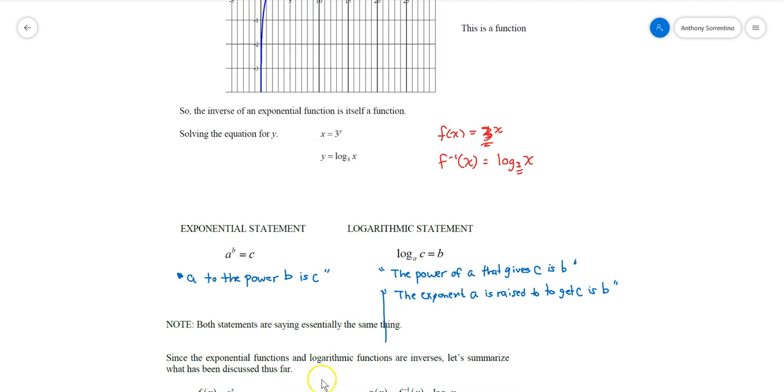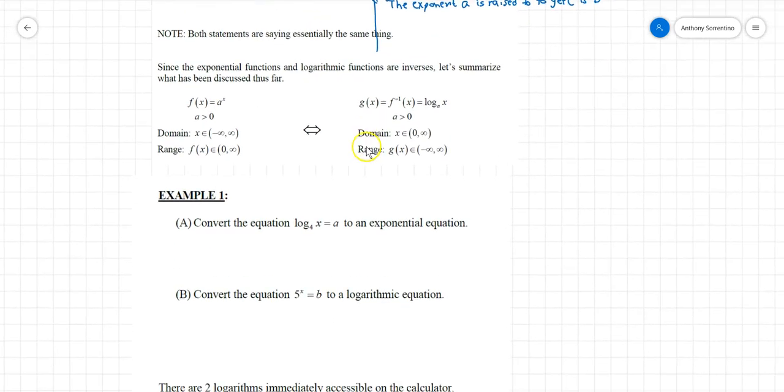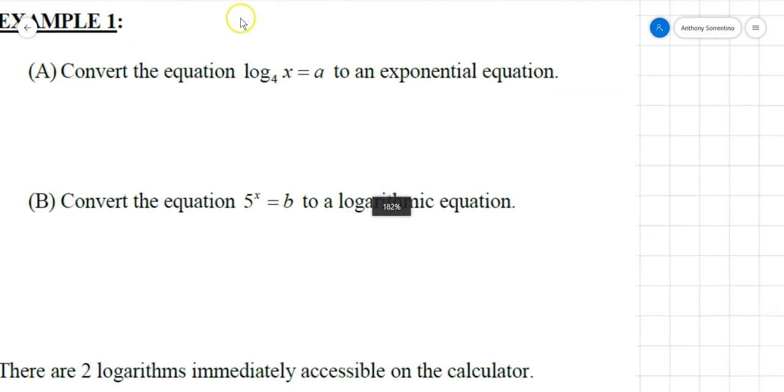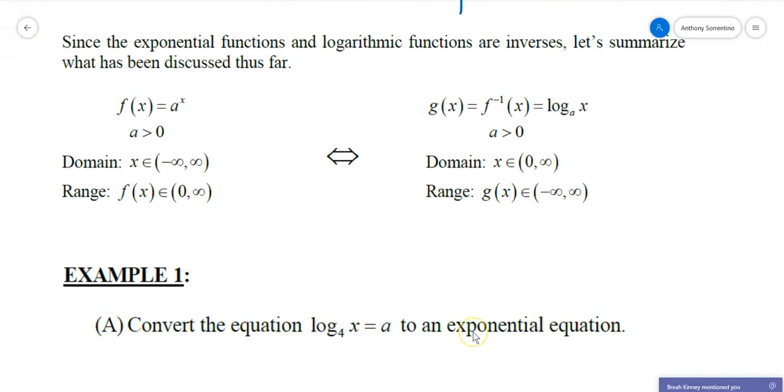And as mentioned before, since exponential functions and logarithmic functions are inverses, keep some things in mind here. As we said before, for a function that's exponential, our a is greater than 0 always. The domain could be any; I can raise this to any exponent I want, there's no problem with that.